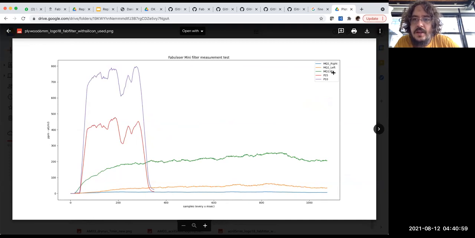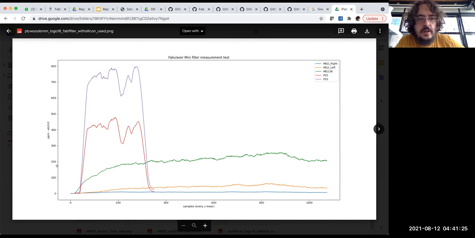And then there's an MQ138, and then a P25 and a P10 sensor. So P25 and P10 are integrated inside the SDS021. Those are PM10 and PM2.5, the fine dust sensors. So here you can see actually the micrograms per cubic meter, or the parts per million, ppm, and those are the results.